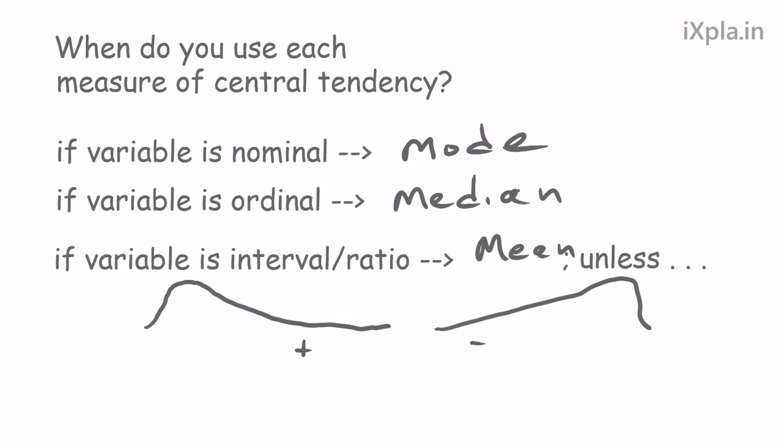Another situation in which you can't use the mean is if you have a bunch of outliers, or even just one extreme outlier. Let's suppose you have a distribution that is appropriate for using the mean. The tail on the right and the tail on the left are about the same. But you also have a number that's way away from the others.